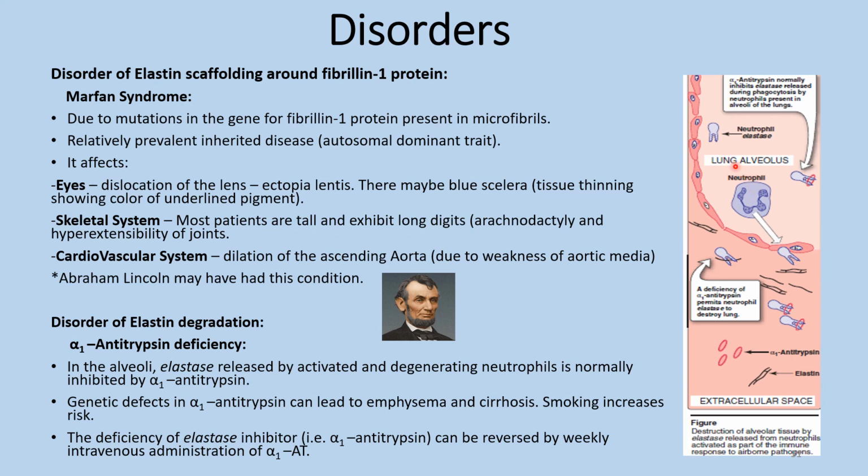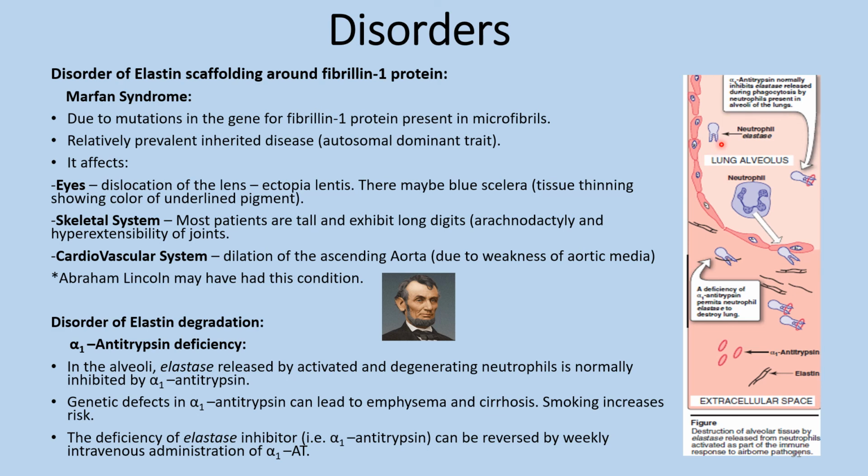In the lung alveolus, this neutrophilic release of elastase damages the elastic fibers of the alveolar sac. These are elastic fibers. This is the molecule of elastase, and this is the elastase inhibitor alpha-1 antitrypsin, just to give you a better understanding.